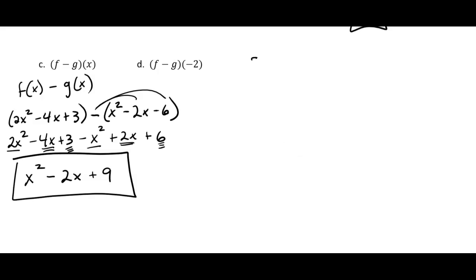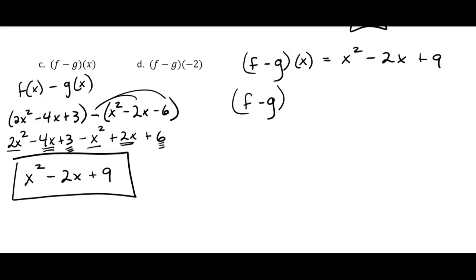So I'm going to go over here and write f minus g of x equals x squared minus 2x plus 9. Now I'm going to evaluate that new function I have. Oops. At negative 2. I forgot to put in the negative 2. So that's going to look like negative 2 squared.